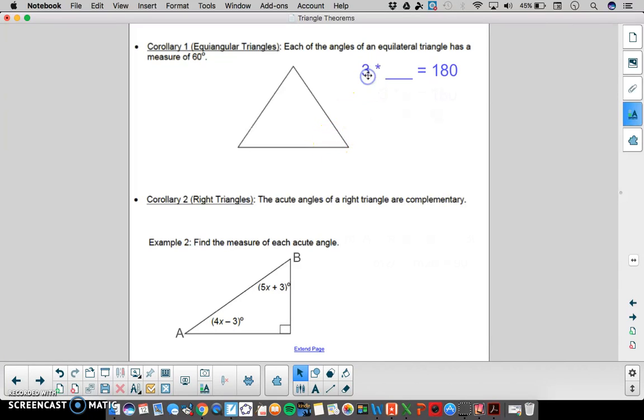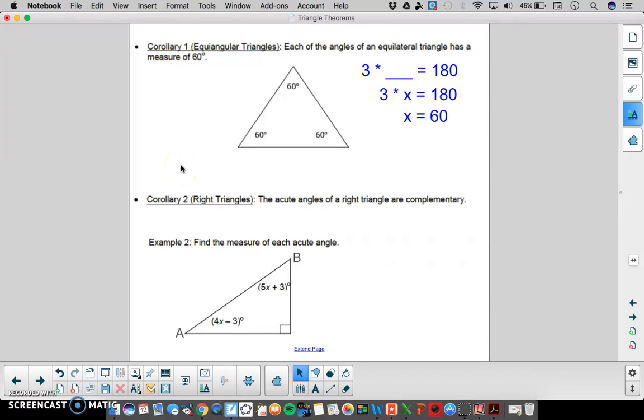There are three of the same angle that equal 180. That's like saying 3 times x equals 180, so we know x is 60. Each one of those angles is 60 degrees, and that's for every equilateral triangle and equiangular triangle.